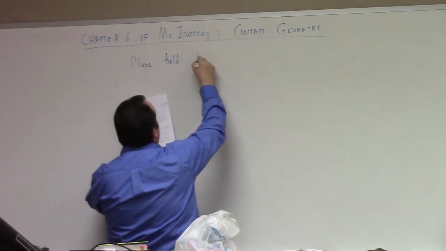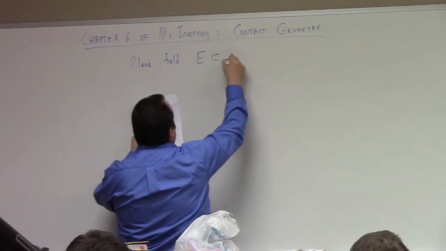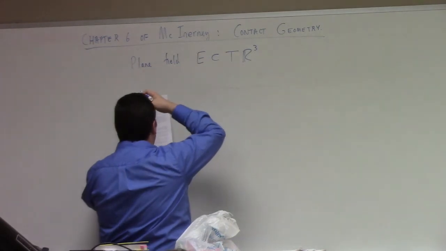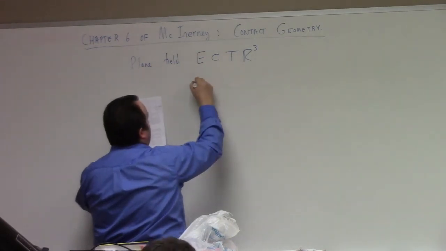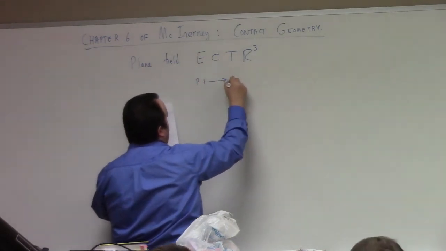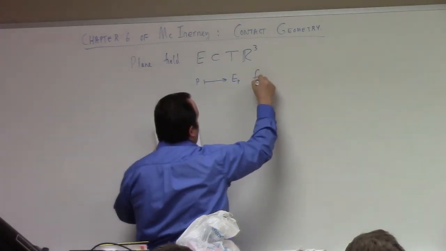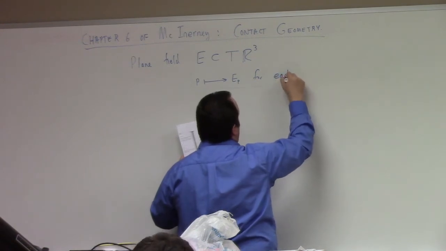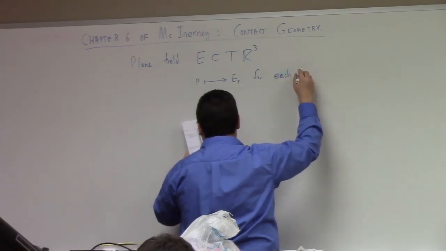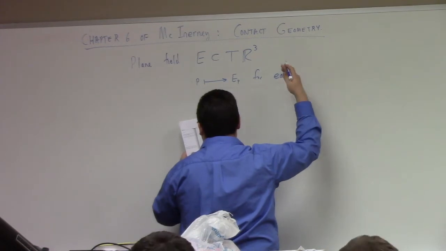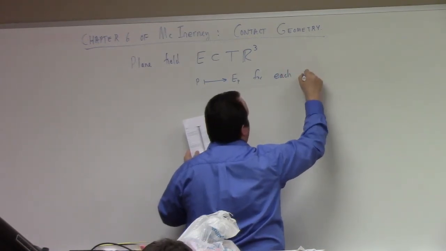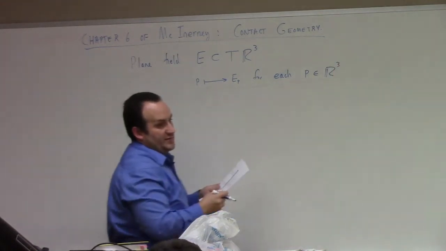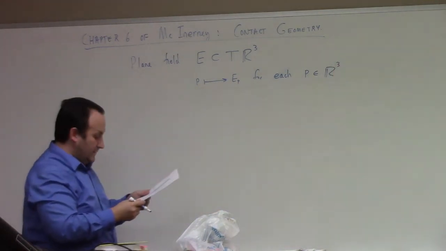He writes E, a subset of the tangent bundle of R3. Then basically that's an assignment: p assigns E sub p for each p. Of course, you could do these things over some domain, if you wanted.